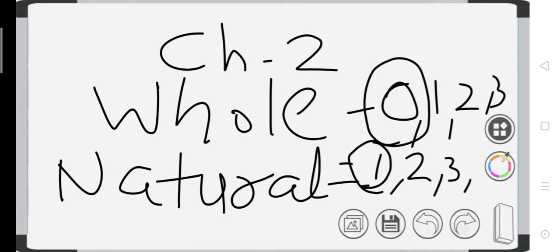Okay students, now let's see another topic, that is the predecessor and successor of any number. Let us take an example of a predecessor, how to find the predecessor.